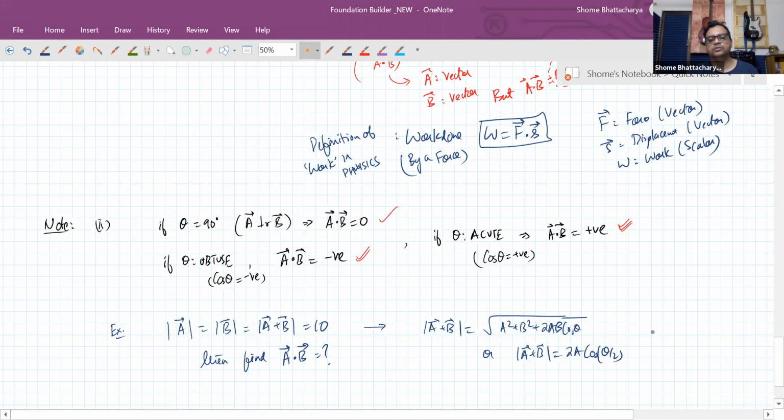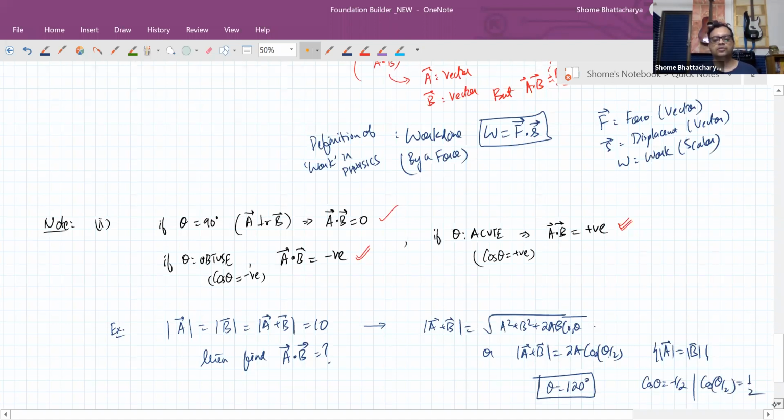Whichever of the two you like, when you solve either, you'll get theta equal to 120 degrees, because your cos theta will come out to be minus half, or cos theta by 2 will come out to be half.